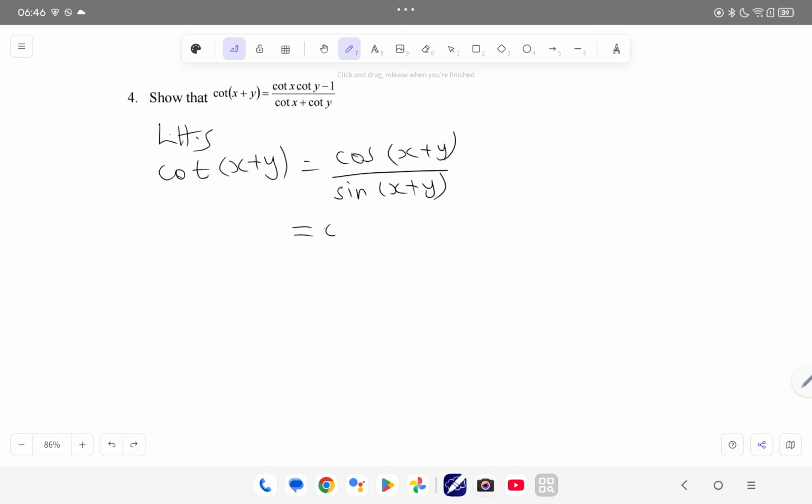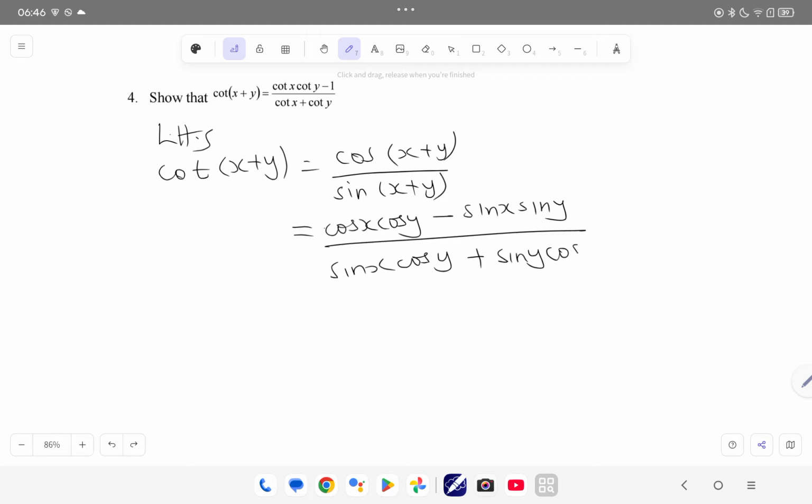For cos, we use cos x cos y minus, the sign changes, sine x sine y, out of, down we have sine x cos y plus, for sine the positive sign is maintained, then sine y cos x. You just interchange the ratios for the different angles.